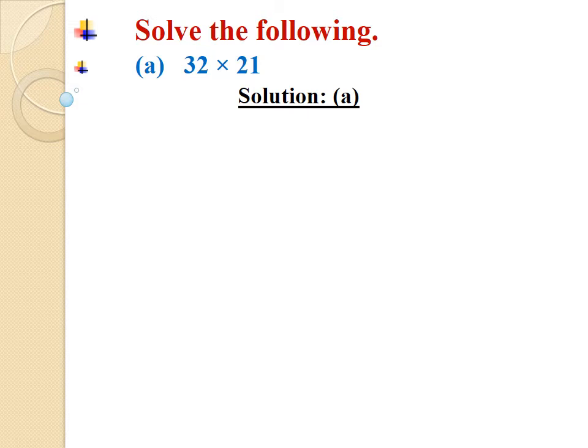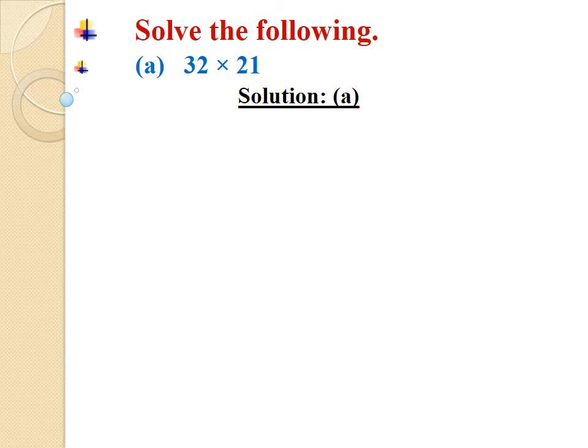If the multiplier has more than one digit, then multiply the multiplicand by each digit separately. Start with the multiplier digit at the smallest place. And step number 4. If there is carry over, add it to the product of the next column.